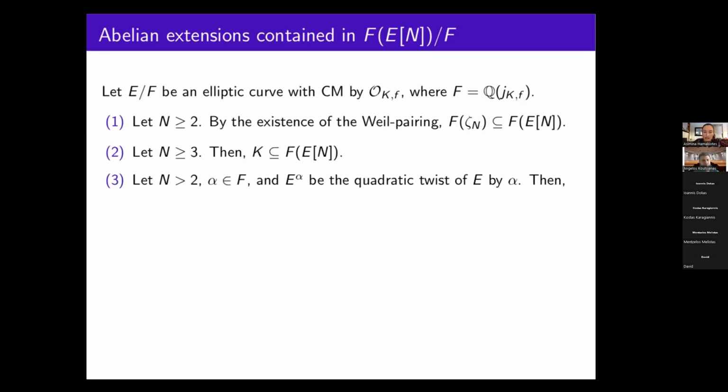And now let's say n is greater than 2, alpha is in F, and E_alpha is the quadratic twist of E by alpha.